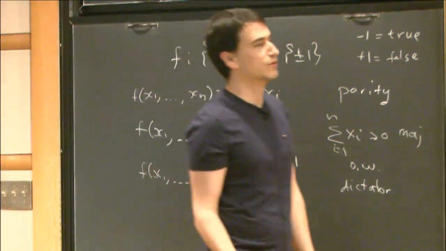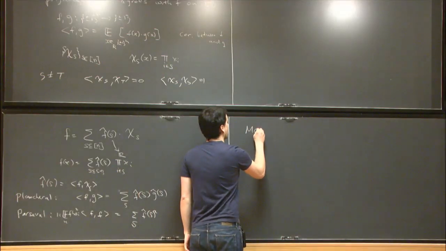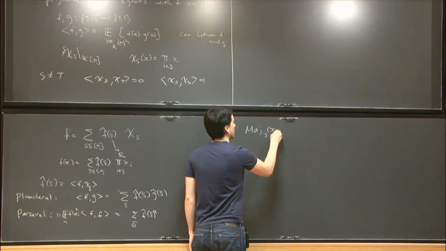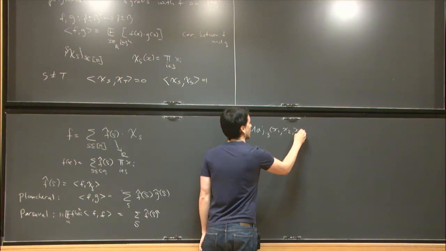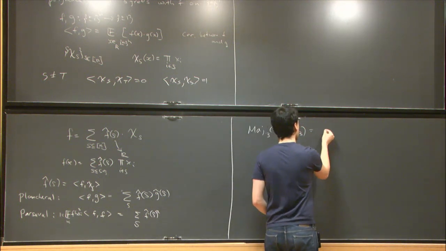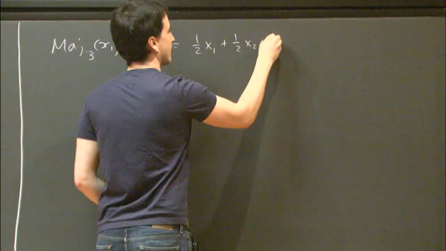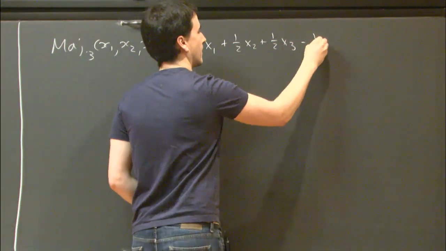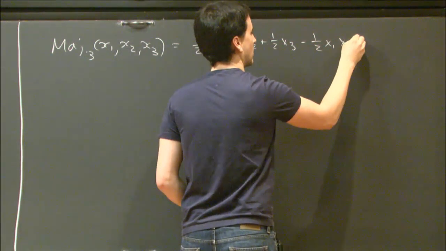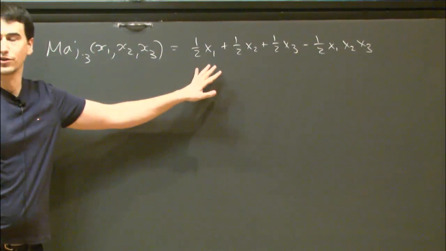So let's write it down for the majority on 3 elements. I want to check if at least 2 of them are 1. So it turns out that this equals this polynomial. You can check.